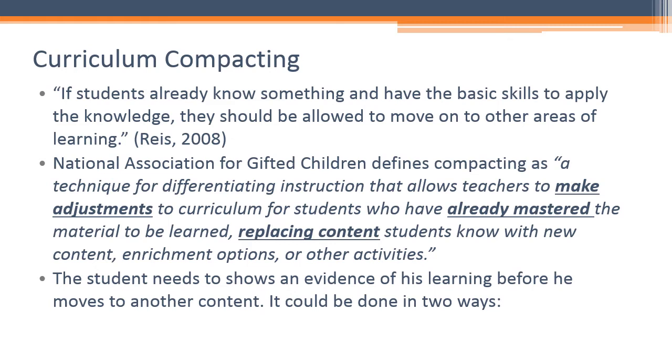Okay, so the student needs to show an evidence of his learning before he moves to another content. Because there are sometimes na in the curriculum or a subject area, there are contents there or units na beforehand mastered na ng bata. Okay? So, why would you give the very same content to the child kung alam niya na?